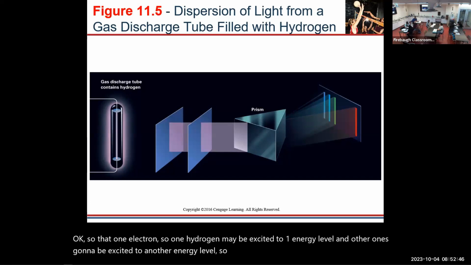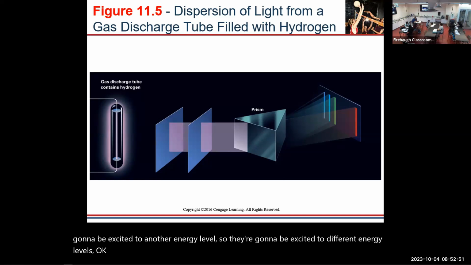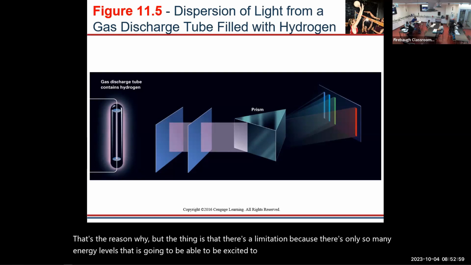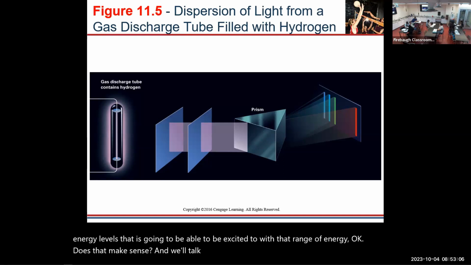So that's the reason why. But there's a limitation, because there's only so many energy levels that it's going to be able to be excited to with that range of energy. Does that make sense?